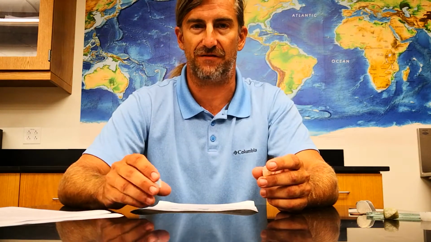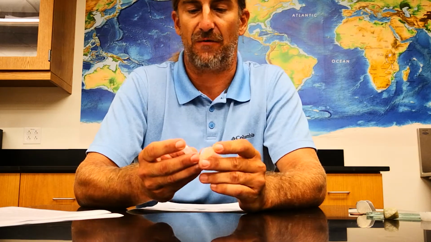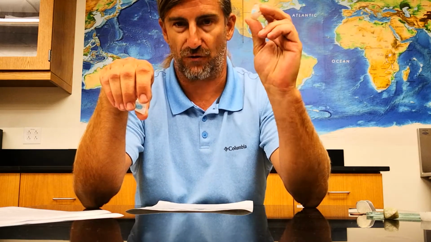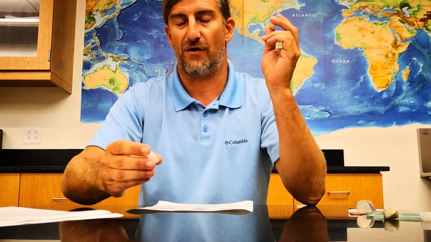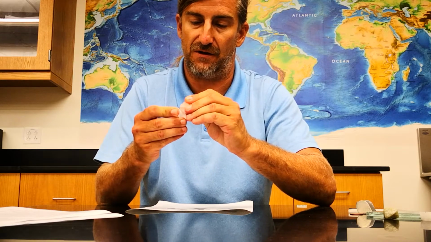Hardness is literally how hard or how soft our mineral is, and the way we can figure out which is harder or softer is we scratch them. We do a little scratch test. For example, I've got mineral number 2, gypsum, in one hand, and mineral number 7, quartz, in the other. I'm going to take mineral number 7, quartz, and try to make a scratch on mineral number 2.